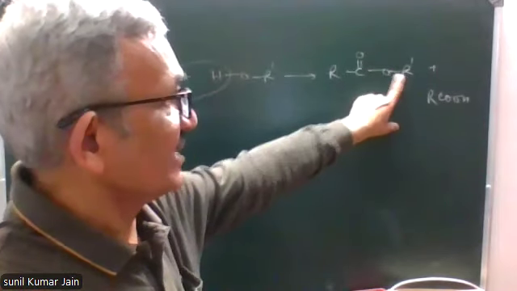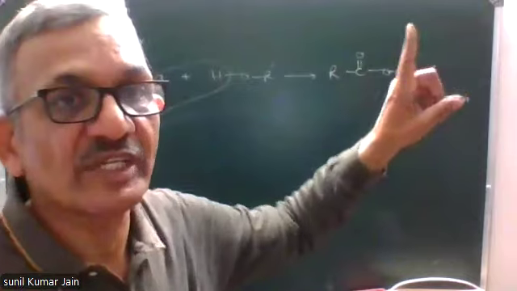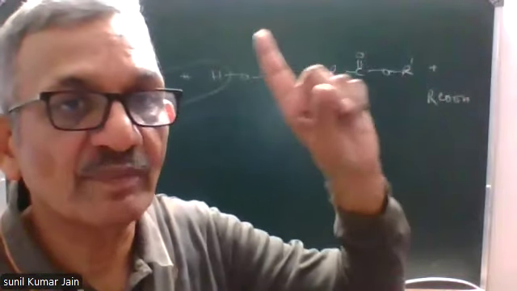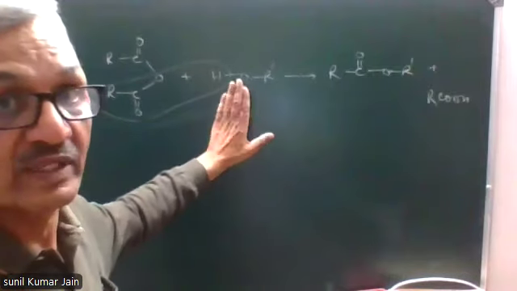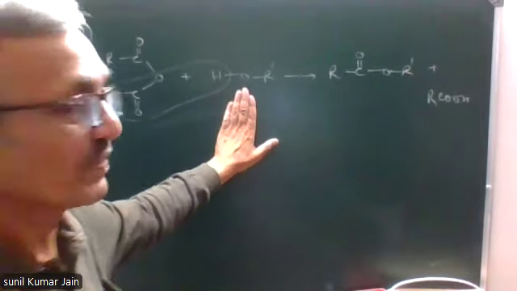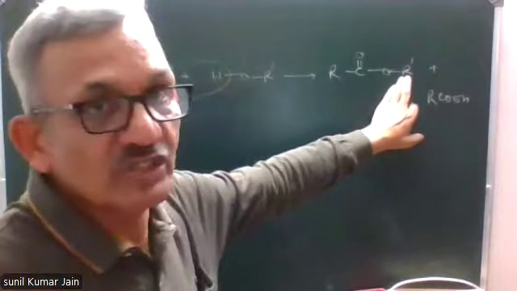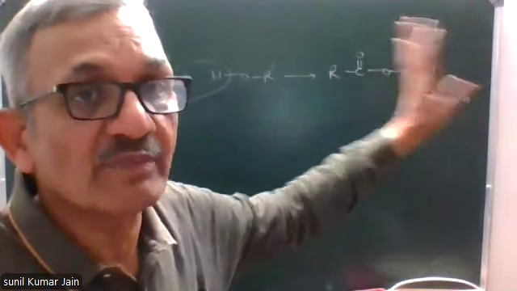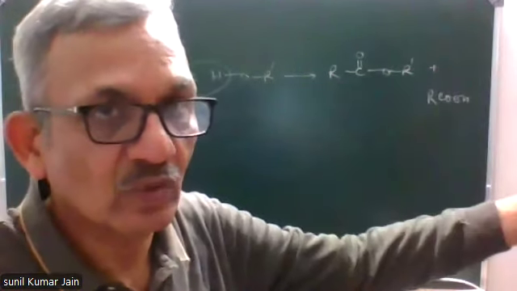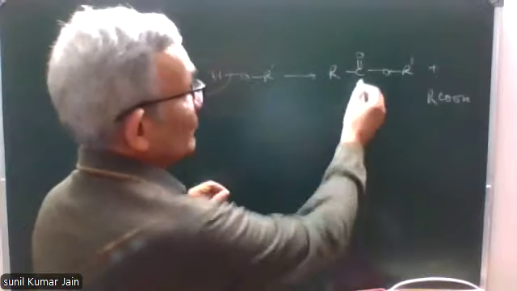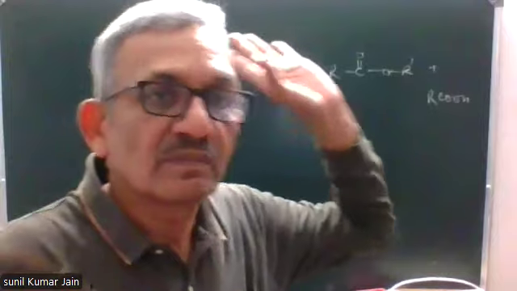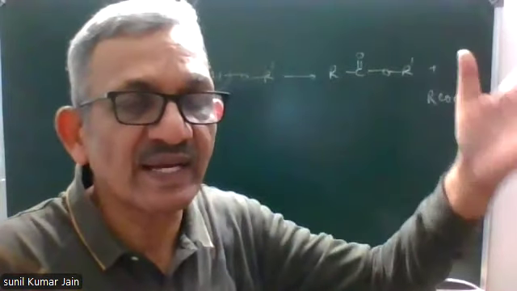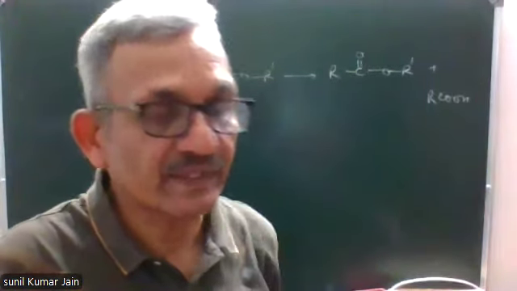The one attached to oxygen always comes from alcohol or phenol. This reactant can be alcohol, and can also be phenol. Remember that. The chain attached to oxygen comes from alcohol or phenol, and the one attached to carbon comes from carboxylic acid or acyl halide or acid anhydride.